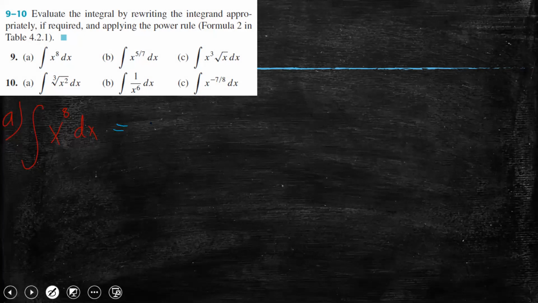Here, I will say x, now where is the exponent? It is 8. 8 plus 1 over 8 plus 1 plus c. That means x to the power 9 over 9 plus c.